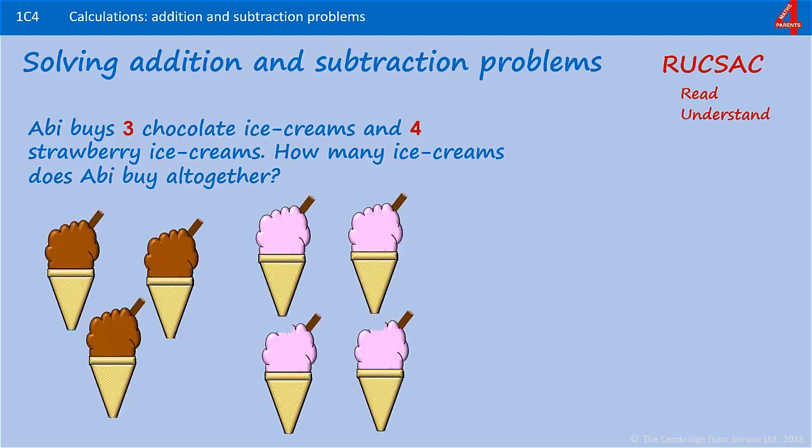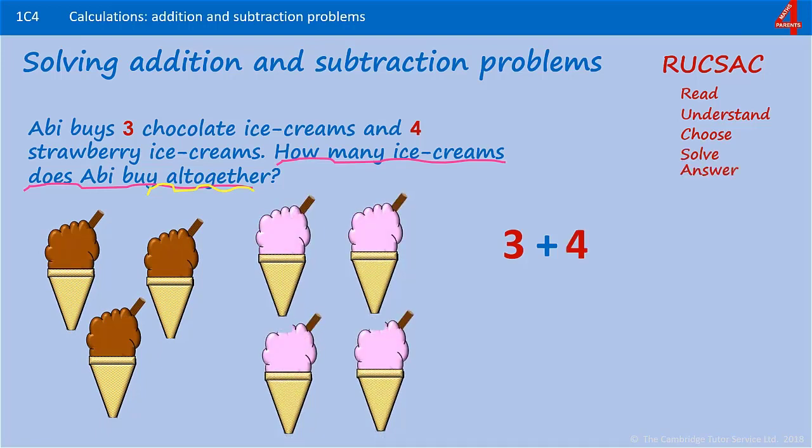Understand what the question's asking you to do. How many ice creams does Abby buy altogether? Here, altogether is a clue that you're being asked to use addition. And the numbers you're being asked to add are 3 chocolate ice creams and 4 strawberry ice creams.